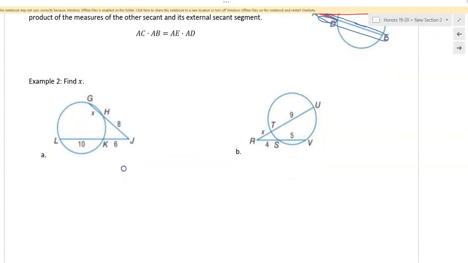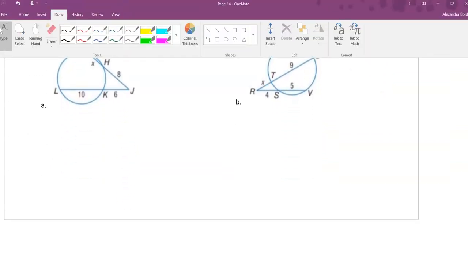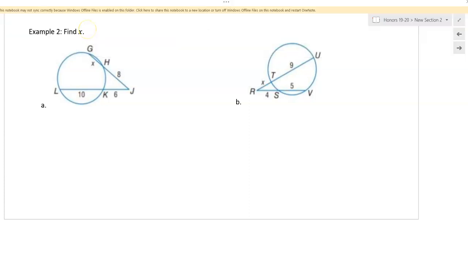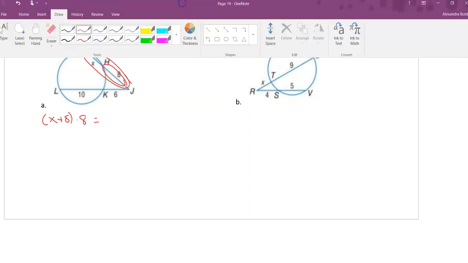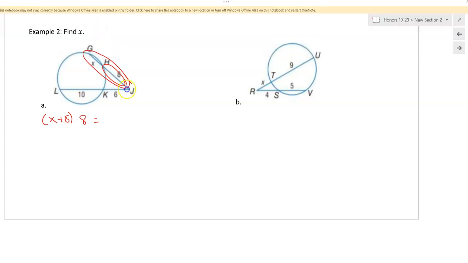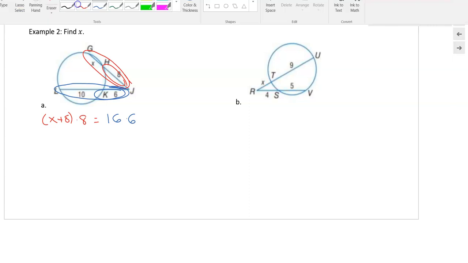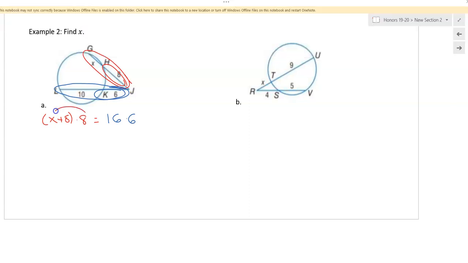So let's look at example 2. Find x. This whole thing, which is x plus 8, times this little piece, equals this whole thing, which is 6 plus 10, or 16, times this little piece. Again, on this side I have to distribute.